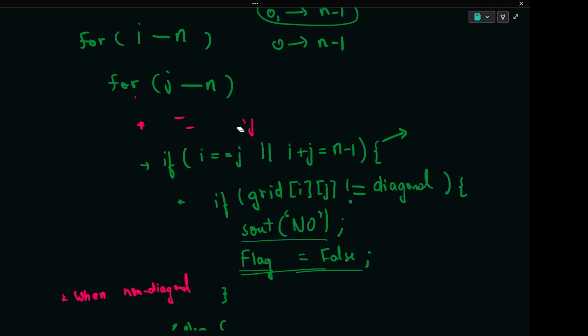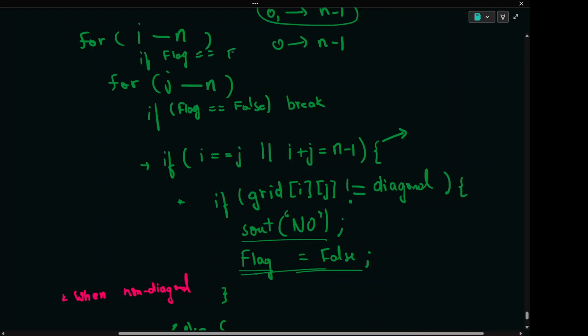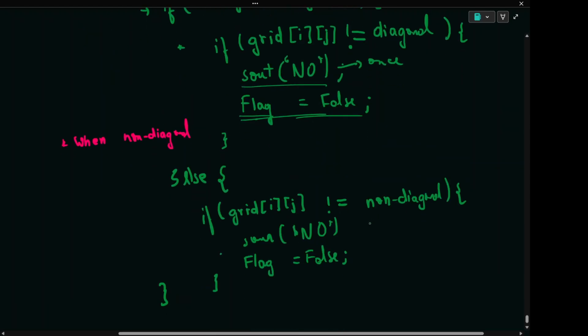Part 1, diagonal, is done, so I'll erase it. I will check if flag is equal to false, break it. Here also I'll check if flag is equal to false and break it. So what does it do? It will only print this no once, and this also once.